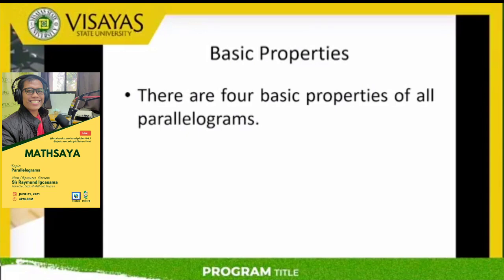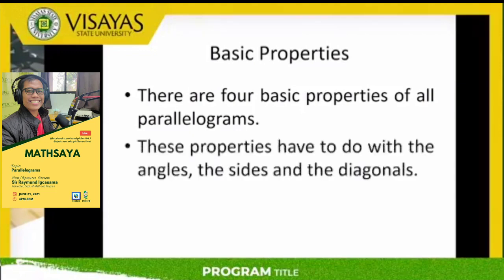Moving forward to our basic properties of parallelograms, there are four basic properties of all parallelograms. These four properties are applicable to all types of parallelograms, be it a rectangle, a square, or a rhombus. These four basic properties have to do with the angles, the sides, and the diagonals.